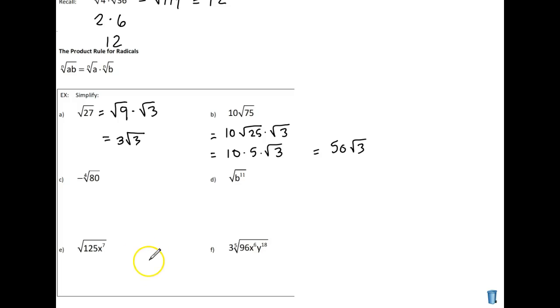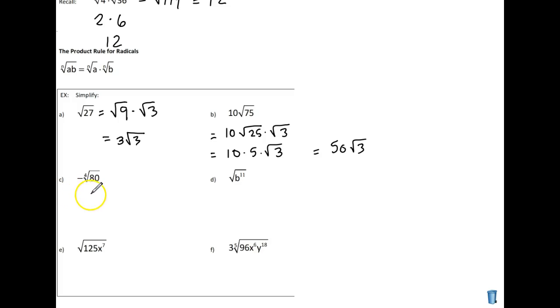Fourth root of 80. Now, I don't know my perfect fourth roots off the top of my head, so I'm thinking, well, 1 to the fourth power is 1, and 2 to the fourth power is 16, so I'm going to try 16. So does 16 go into 80? Yes, it does.